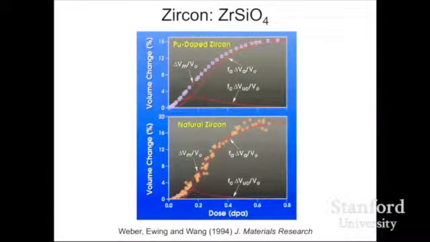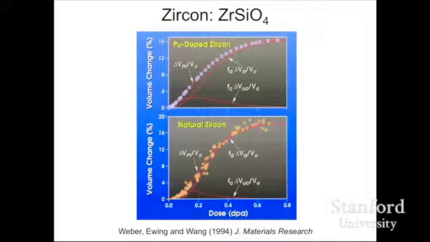And I'm going to jump over a lot and say, one of the first things our group studied was radiation damage in natural zircons, a mineral very familiar to geoscientists because it's used for age dating, because it contains uranium and thorium. As a function of dose, displacements per atom, we can measure changes in properties, in this case, a volume change.